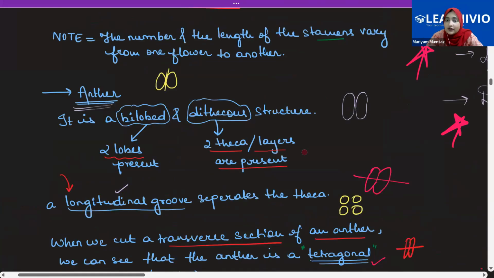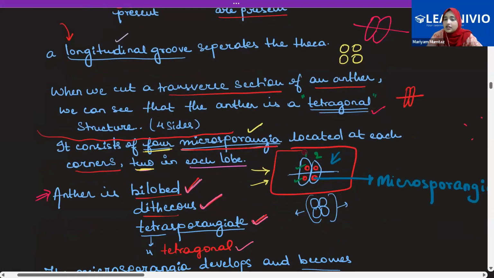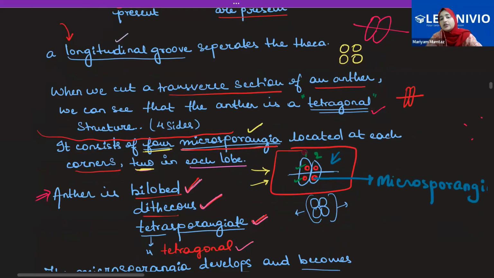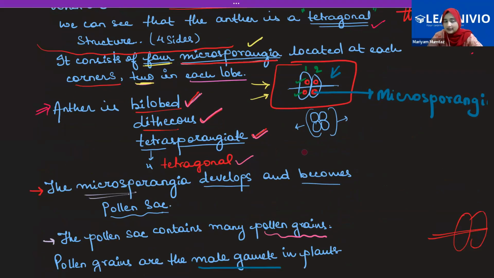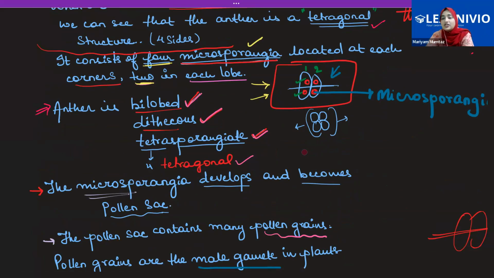And in each of these four sides, you'll have the microsporangia present. So since four microsporangia are there, two of them are located in each lobe. So all in all, you can conclude that the anther is bilobed, it is dithecous, and because of the four microsporangia, it is tetrasporangiate. Tetra means four.